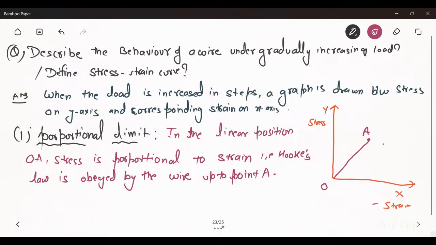Hooke's law is obeyed means that at point A, if we remove the weight, it will regain its original shape and size. So this point is known as the proportional limit.